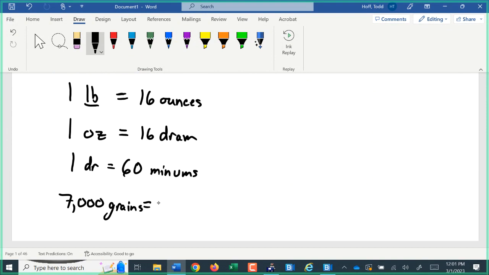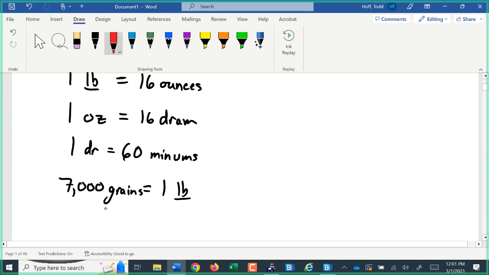There are 7,000 grains in 1 pound. I don't know why they always go grains up to pounds instead of going to drams or minims or ounces, but 7,000 grains in a pound. Those of you that are into shooting sports, gunpowder, bullets, stuff like that, grains is a common use there. Grains, and you should be careful with this one, grain is abbreviated GR.